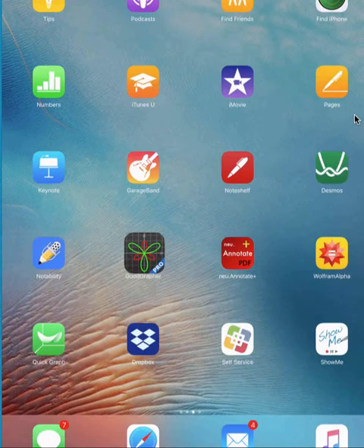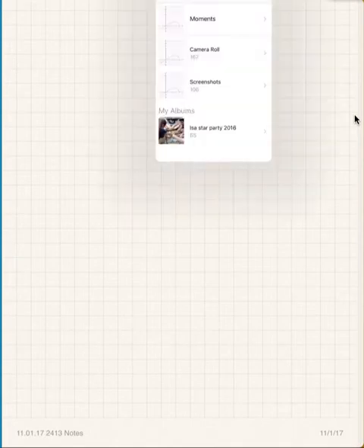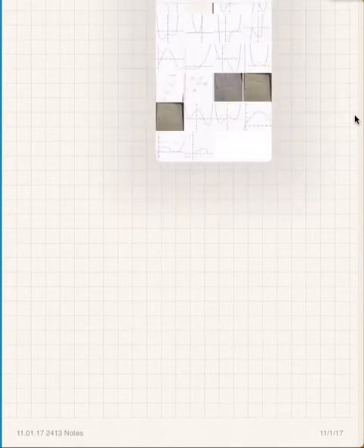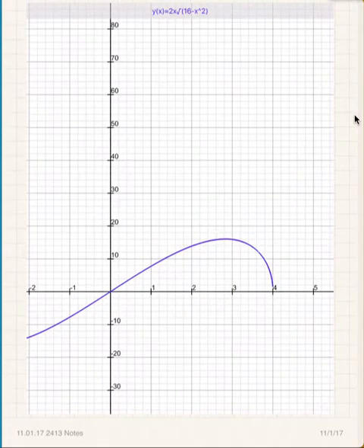Sure enough, if you look at our graph there, probably should take a picture of this. Bring it back to my notebook here. Go to the next page. Bring up that picture. And what do we have here? At 2.8, we get a maximum for the function right there.